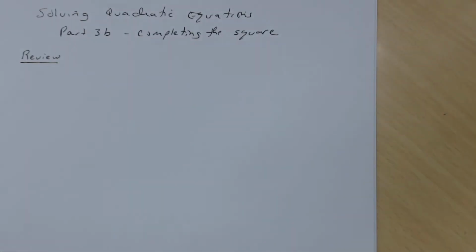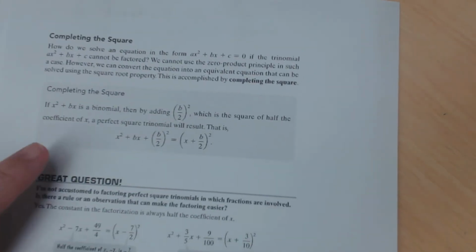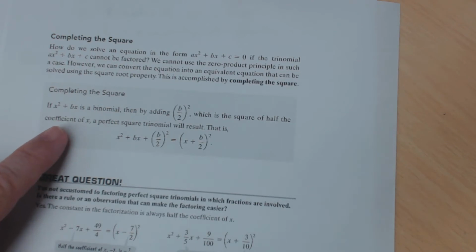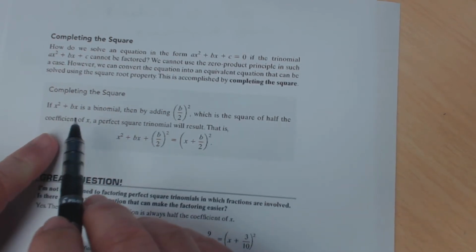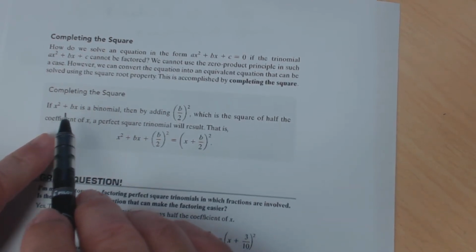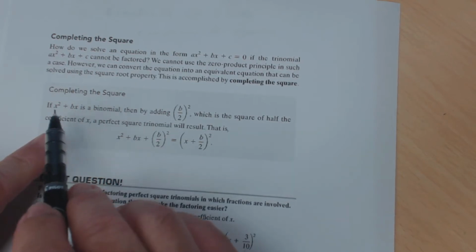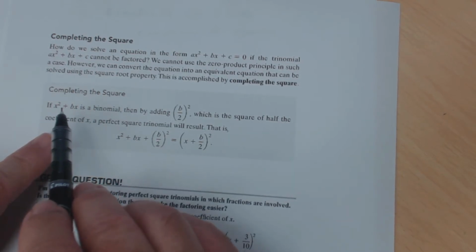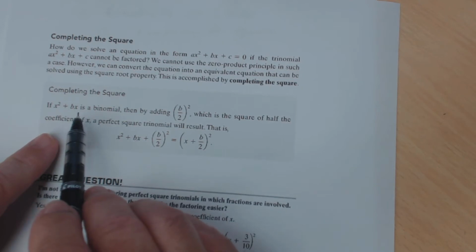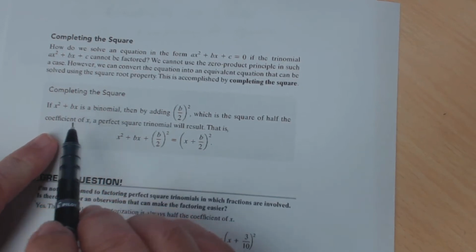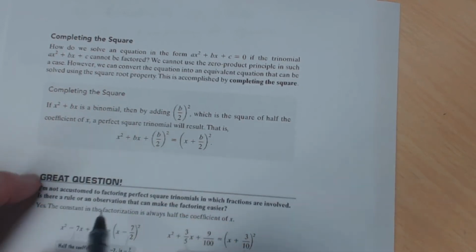As a review, let's remember the previous lesson, which talked about completing the square. We were given a binomial that was quadratic in nature, and we wanted to add a constant to it so that it became a perfect square trinomial.